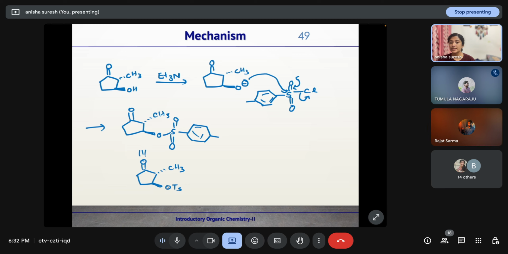So here we are making this alcohol into a better leaving group, OTs. Now triethylamine is present in the medium. It can abstract this alpha proton, leading to formation of enolate.